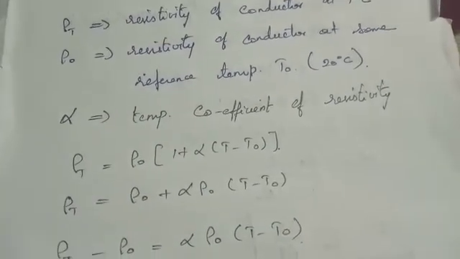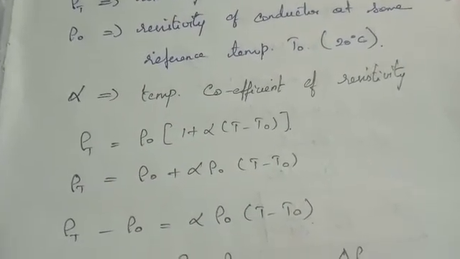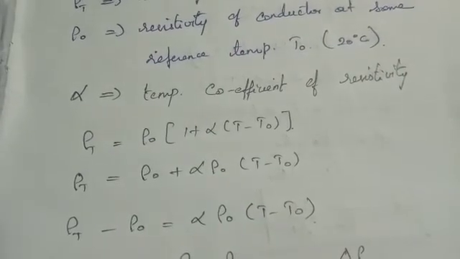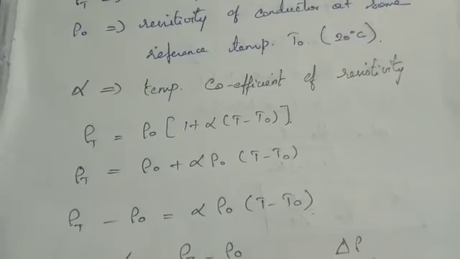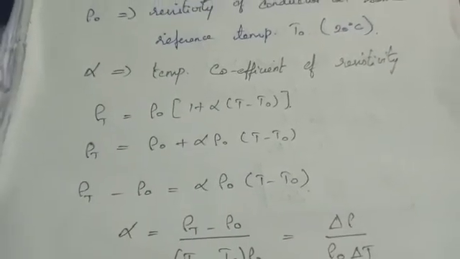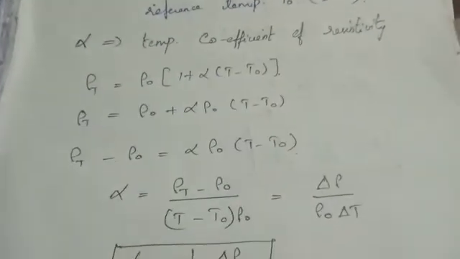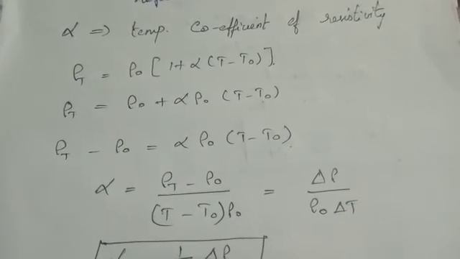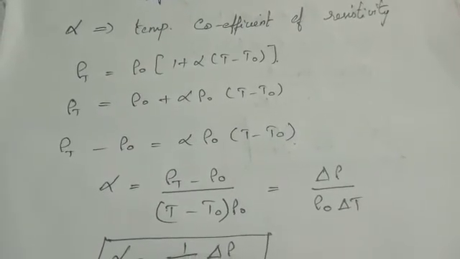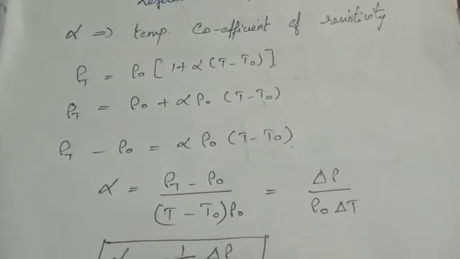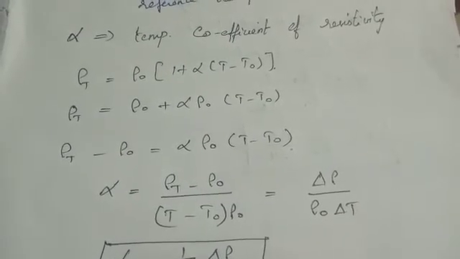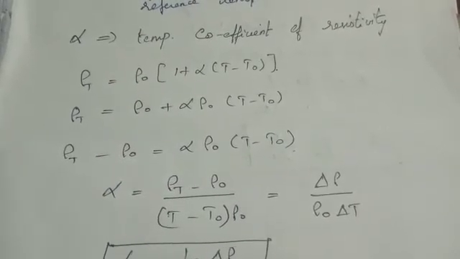Then the above equation I have to write once again: rho t is equal to rho naught into 1 plus alpha into t minus t naught. It can be simplified, and finally we have to find out the temperature coefficient of resistivity. Multiplying the term inside, rho t is equal to rho naught plus alpha rho naught into t minus t naught.